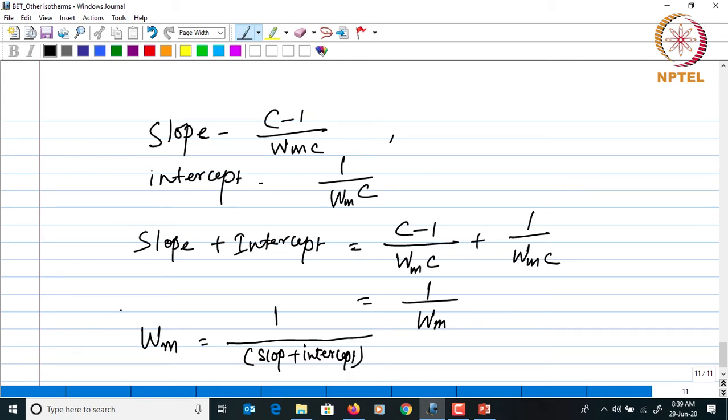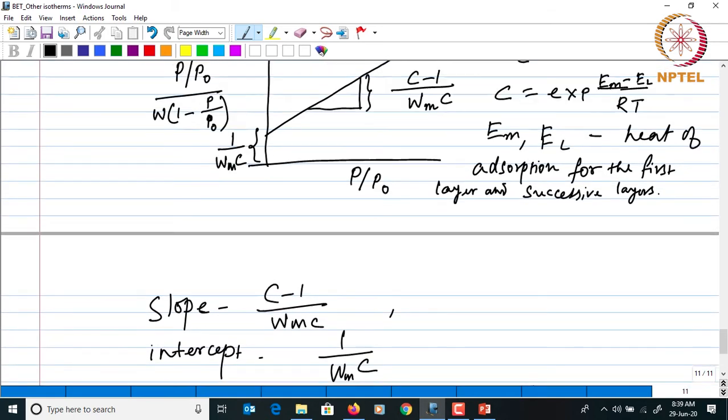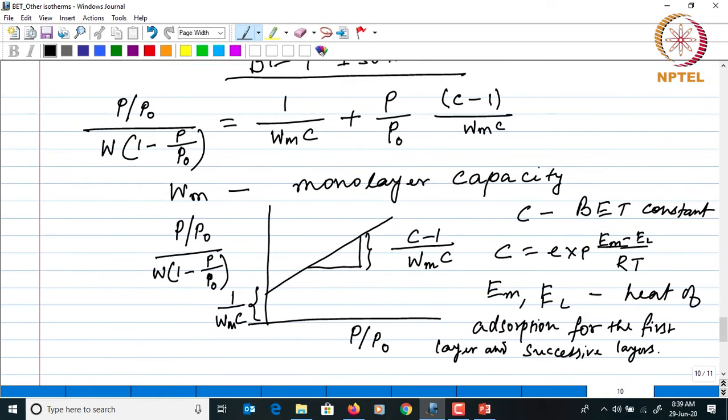Okay, so that's how you can obtain the monolayer capacity from this equation by plotting it between these two parameters, which gives rise to a straight line.